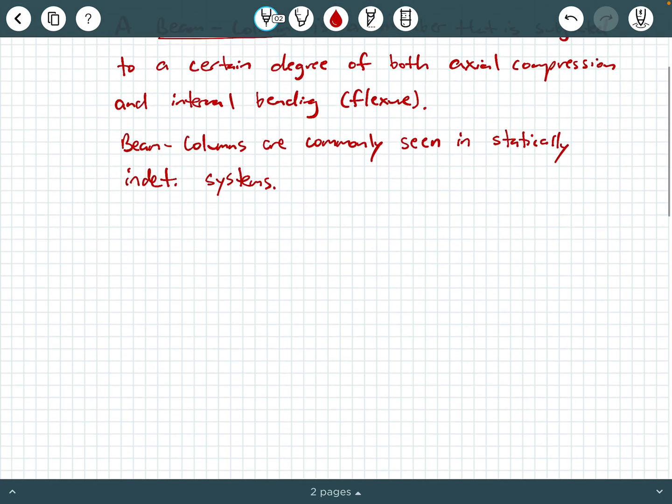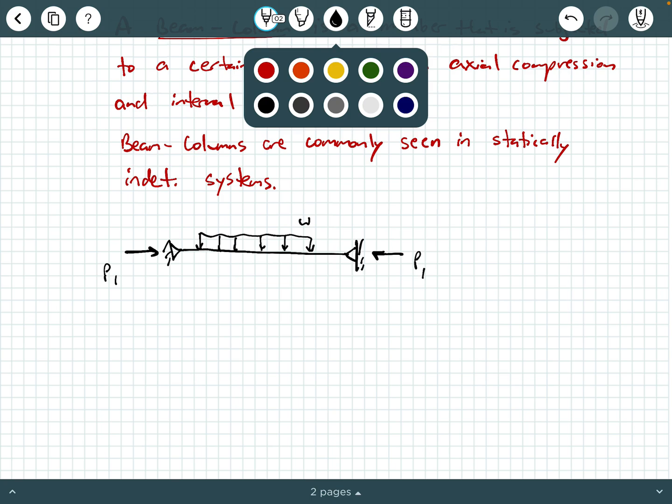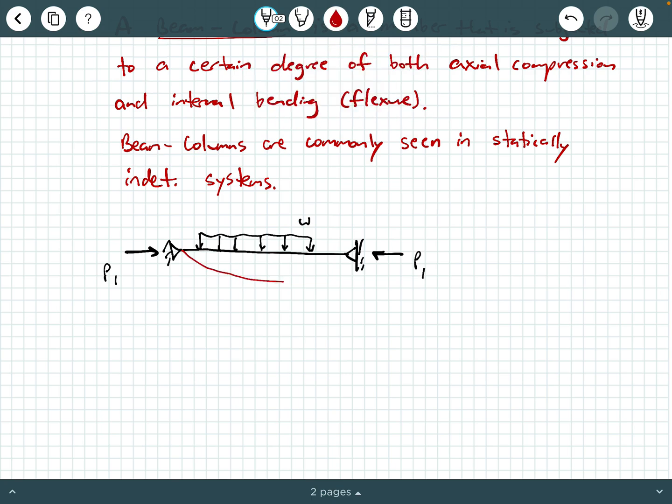A quick and easy diagram of a beam column may look like this. If you have some kind of member that is pin connected on its ends, and it's subject to significant axial compression, but you also have some kind of loading along the span that causes it to flex, you may get some kind of deformation diagram or elastic curve that looks like this.